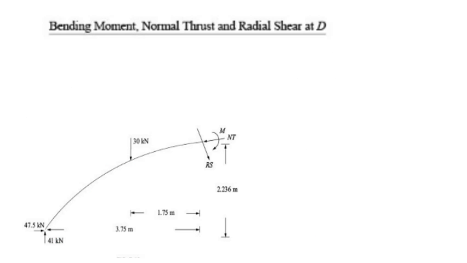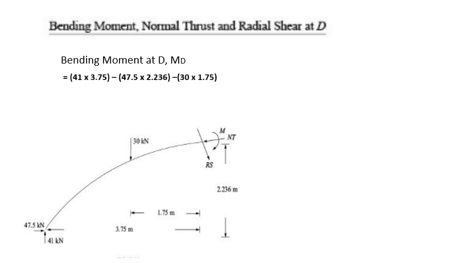So let's find out the internal reactions. From the left side, that is considered as the point D. So bending moment at D, taking the moment of all the forces to the left of D, that is RA into the distance 3.75, RA is 41, minus H into Y, H is 47.5, Y is 2.236, just now we have found out, minus another, the vertical force 30 kilonewton is also producing the moment.